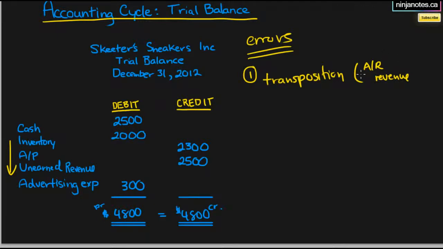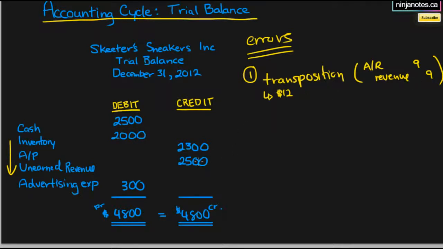Maybe we were supposed to debit a receivable and credit a revenue for $12 each, but instead we use $9. In this case, this would balance on the trial balance, because we would have $9 on the debit and the credit side. But the thing is, we were supposed to use $12. So even though it would balance on the trial balance, this would be an error.